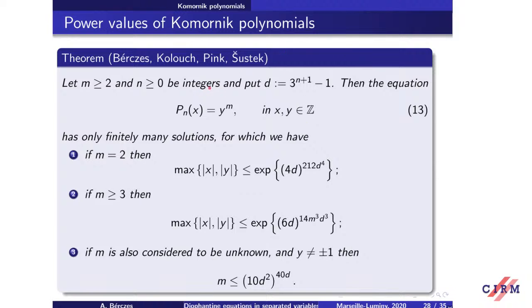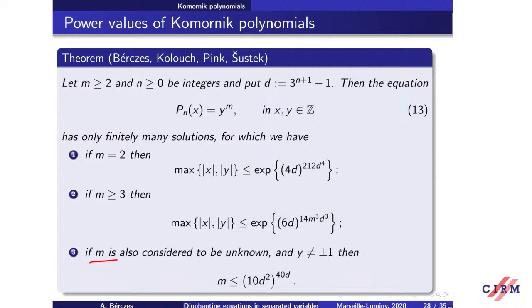We also did prove some results concerning this polynomial which are effective. In the case of the equation P_n(x) equals y to the m, we did get effective solutions both in the case m equals 2 or m larger or equal to 3, and we even could prove an effective result for the exponent m whenever y is different from plus or minus 1.